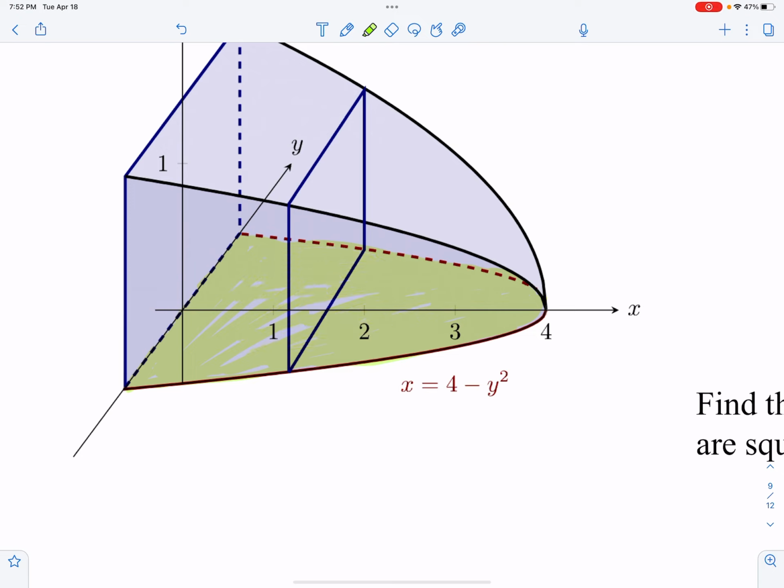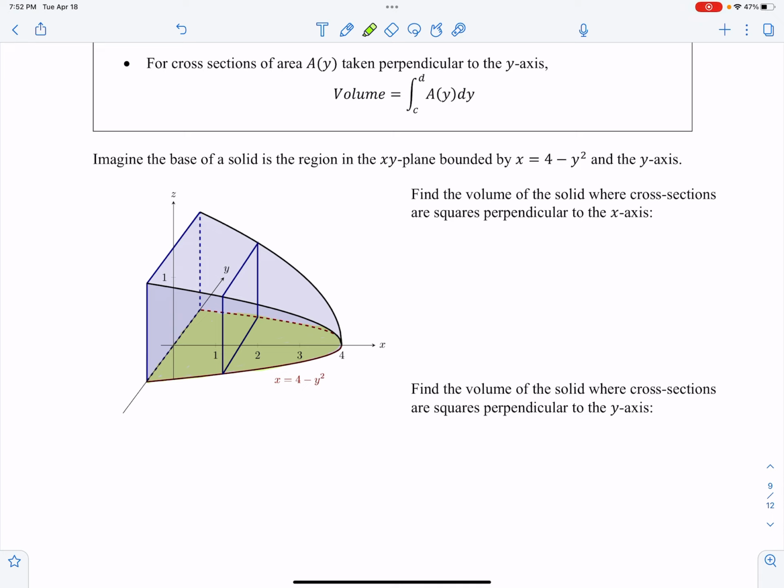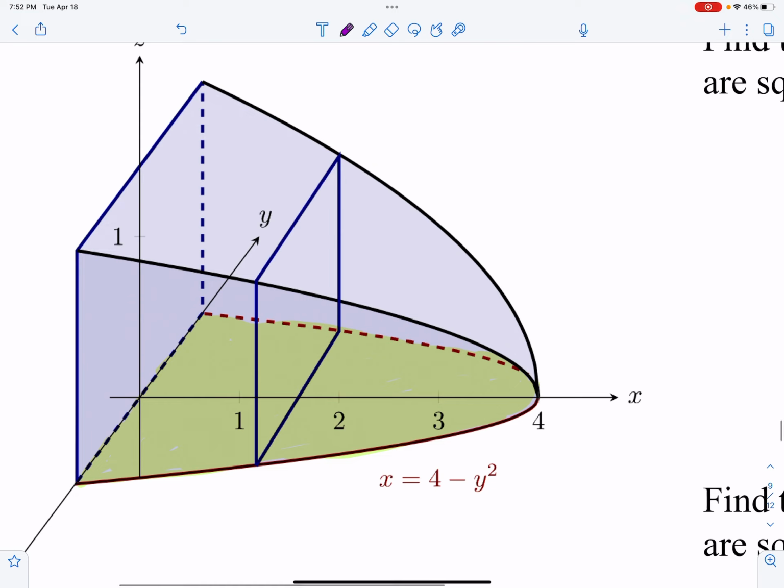And then the three-dimensional solid that has been drawn has been created by thinking about the cross sections as being squares that are perpendicular to the x-axis. So one of those squares has been drawn, but there are infinitely many squares. You could think of it like a stack of paper, right?